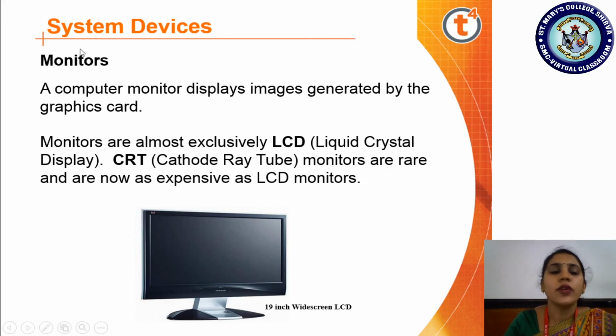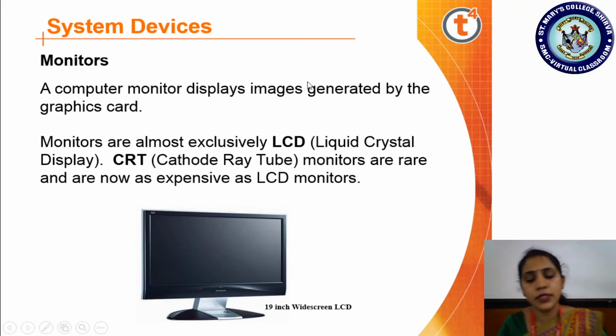In terms of expense, even though LCD monitors are expensive compared to CRT, the resolution that is supported, the colors, are comparatively higher than the cathode ray tube. So this is what we have with the display devices in the components of computers.